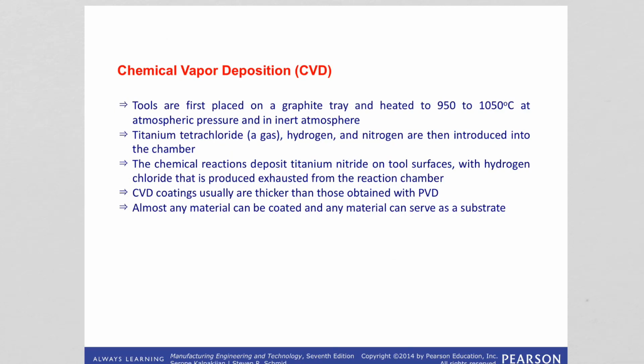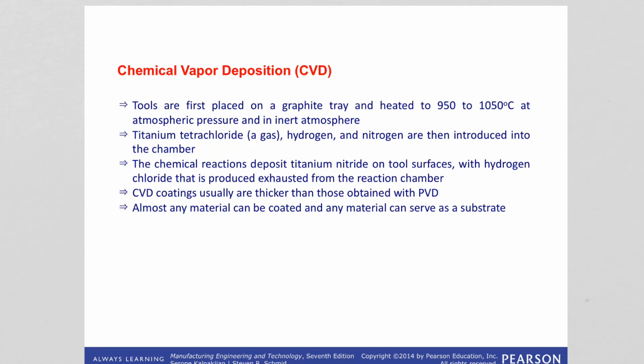Okay, so what is chemical vapor deposition? Chemical vapor deposition is an atmosphere controlled process carried out at temperatures in the range of 950 to 1050 degrees Celsius.